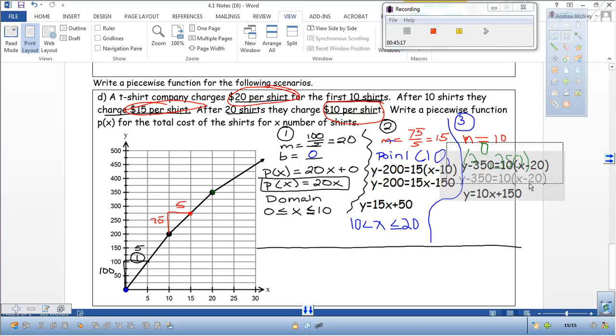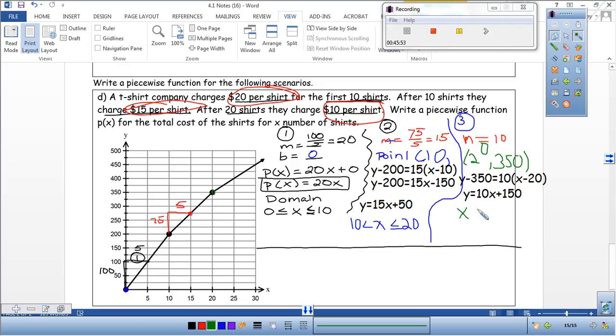Okay, then we need to worry about the domain. This domain is going to be a little different, because after 20 shirts, they charge $10 per shirt. Is there a limit to how many shirts I can buy? No. So I don't have an end. I only have a beginning. So my domain is going to be x.